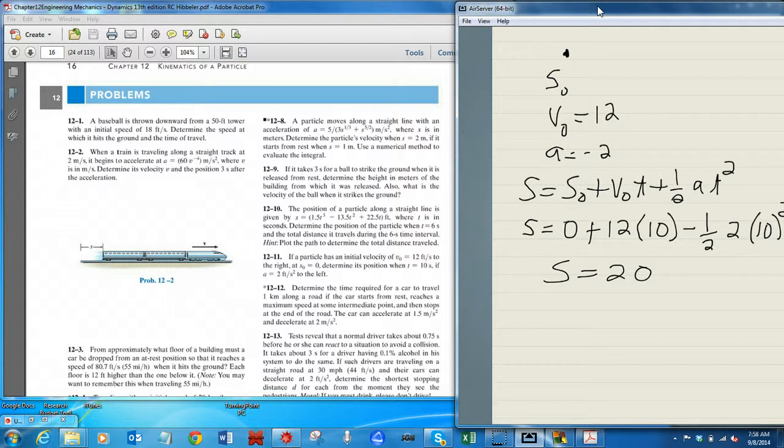So what I would do is, all right, let's take this equation right here. And I'll show you what I mean. I write it down like it comes out of the book with all pluses, and then I would come in and say s equals 0, and then if this 12 was to the left, I would say plus, because that's what the equation is, and then in parentheses minus 12 or whatever it is.